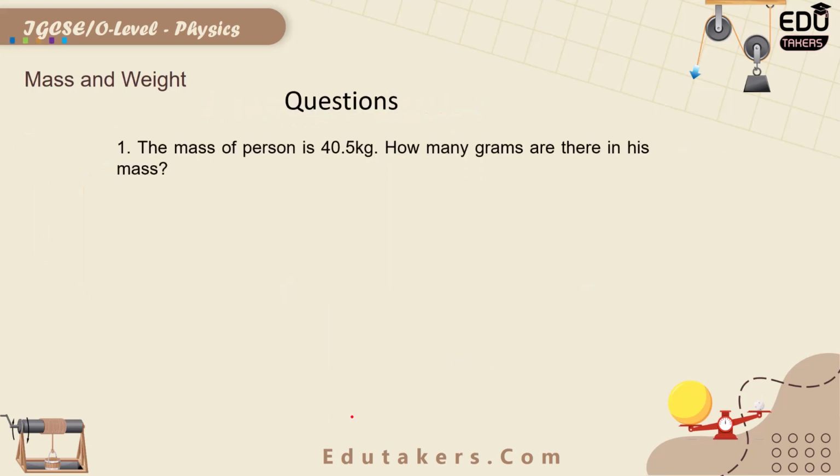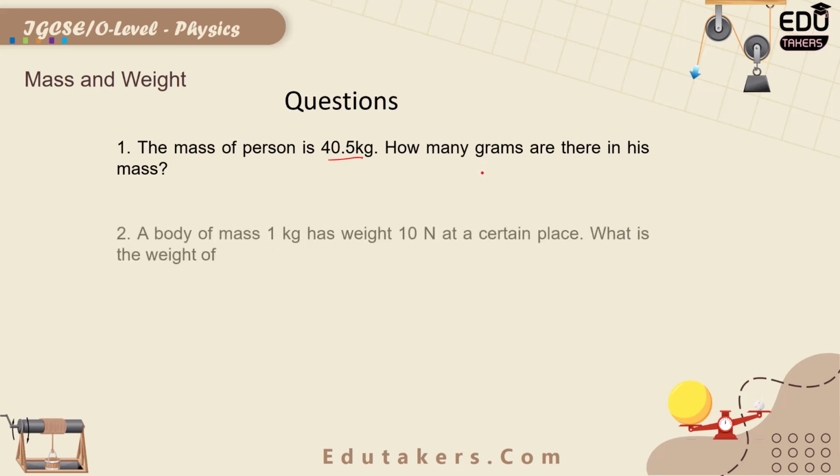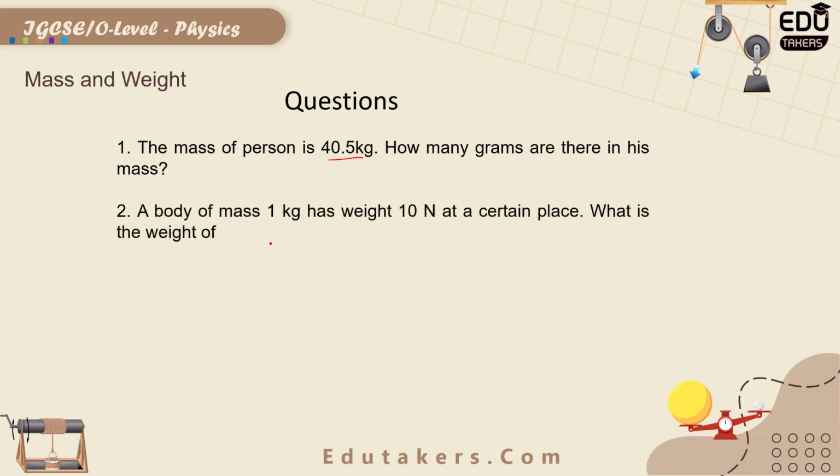Here are some questions that you need to solve, and these are for your practice. The mass of a person is 40.5 kilogram. How many grams are there in his mass? You actually have to convert the kilogram into gram. Question number 2. A body of mass 1 kilogram has weight 10 Newton at a certain place.